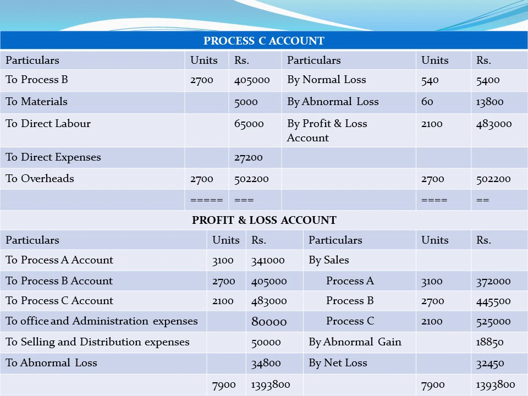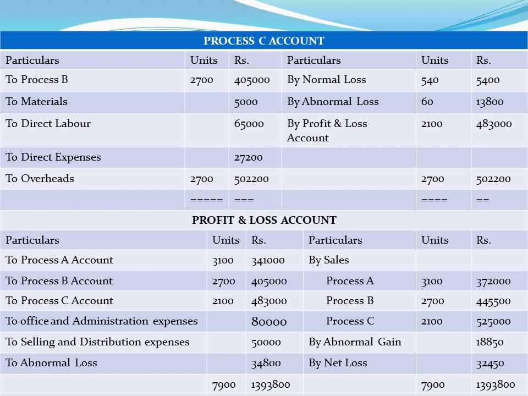Abnormal loss is 60 because we have given that the normal output is 4,800 but the actual output is 2,100. So 2,700 we have to sell out, and we have seen here that in this case normal loss is 540, which becomes 5,400.